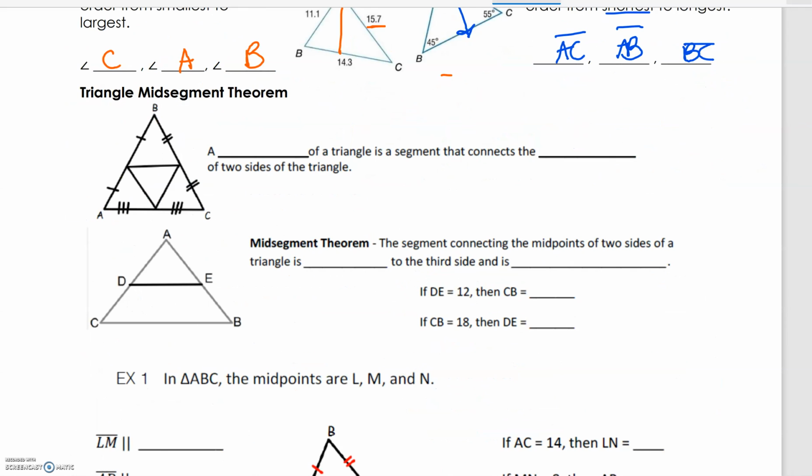Last thing we're going to talk about is the midsegment. A midsegment of a triangle connects the midpoints.